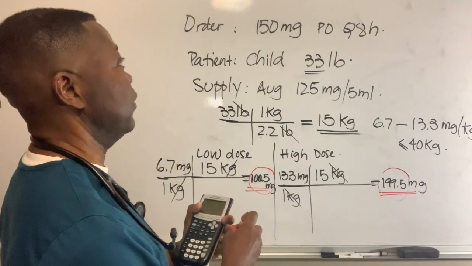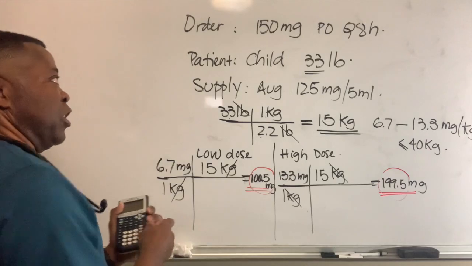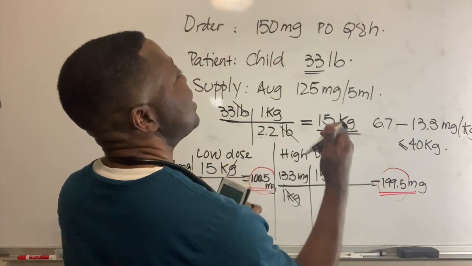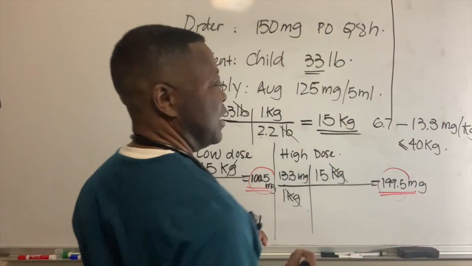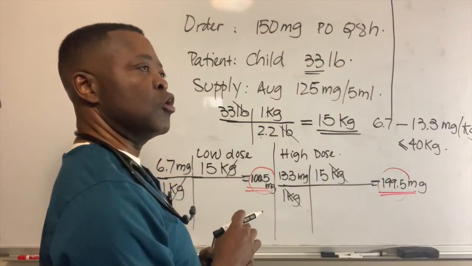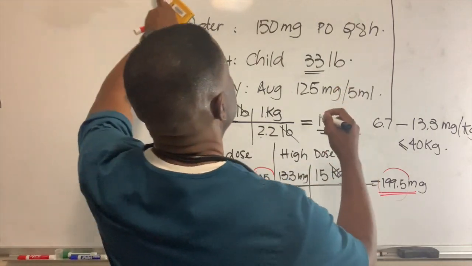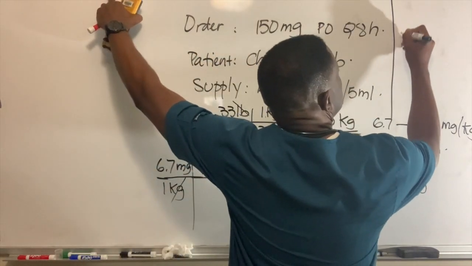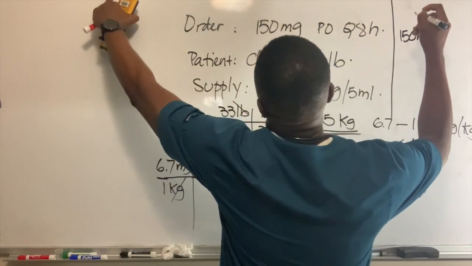In milliliter. Again, we use what we've learned in MedCalc. Now, how many milliliter are you going to administer to the child? That's step number 2. Step number 1, we found out that the dose, the order, is safe. Now, step number 2, find how many milliliter. We start with the order, 150 milligram.